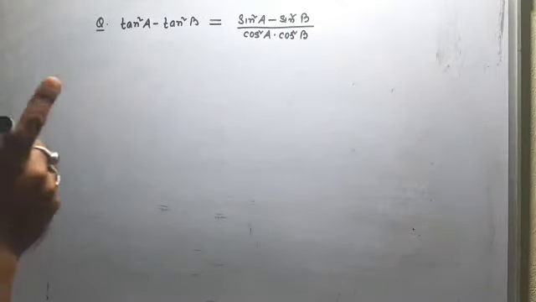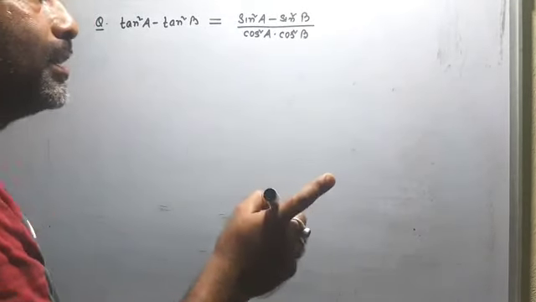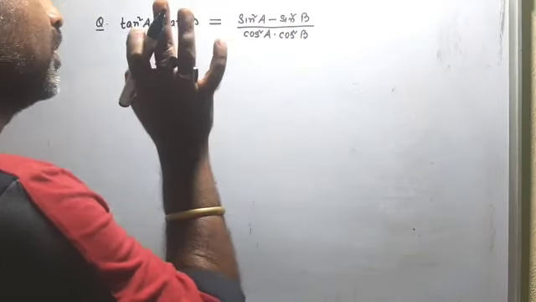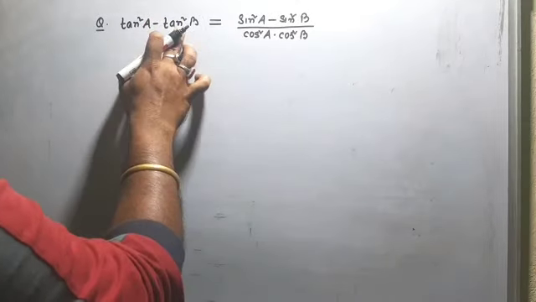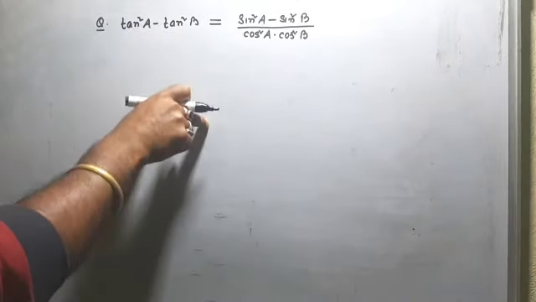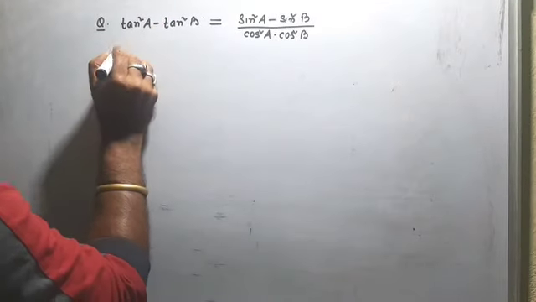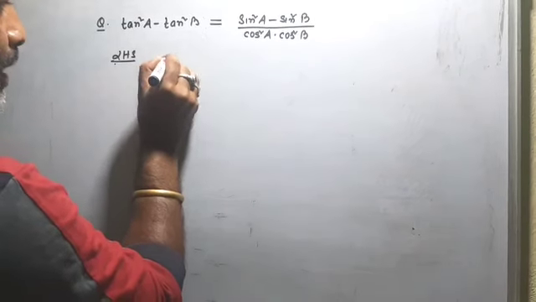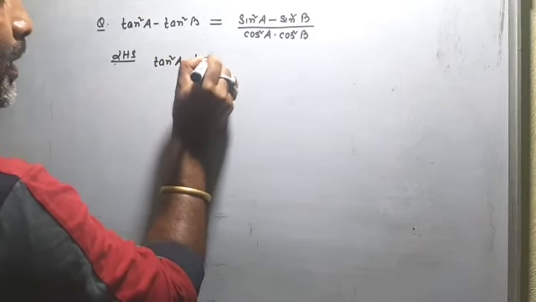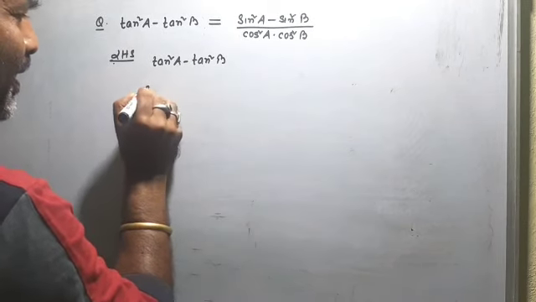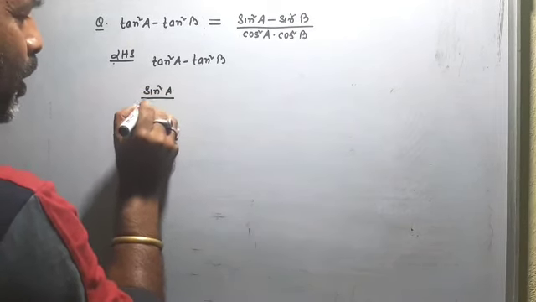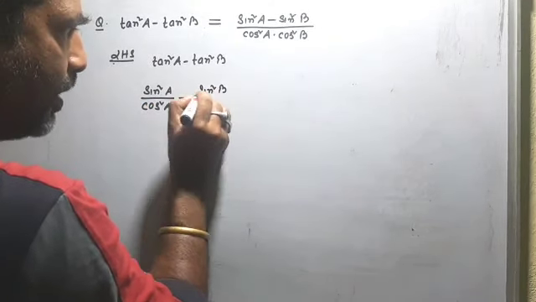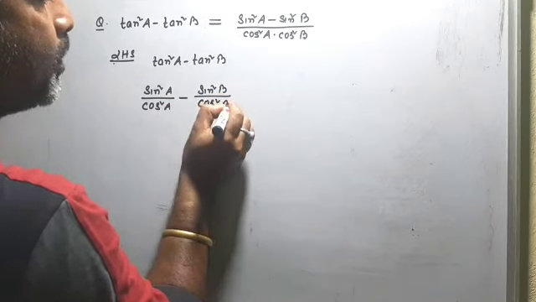Next question, tan square a minus tan square b is equal to sin square a minus sin square b by cos square a into cos square b. This time you have tan, so I will take LHS. Because tan is given, always take tan. So LHS, tan square a minus tan square b. Tan square means sin square a by cos square a, and here you write sin square b by cos square b.